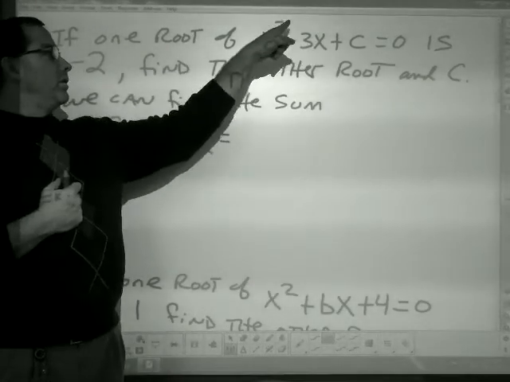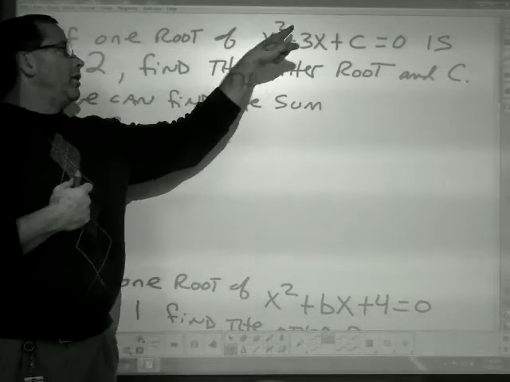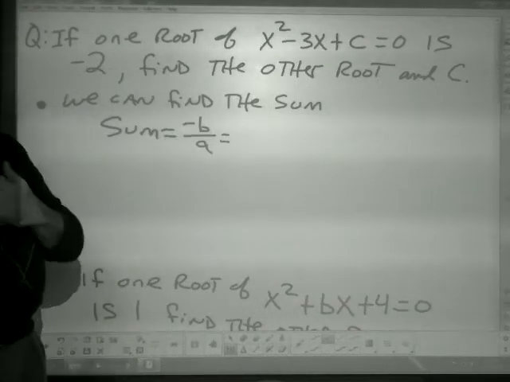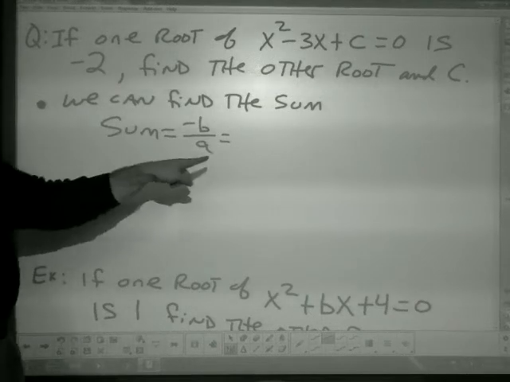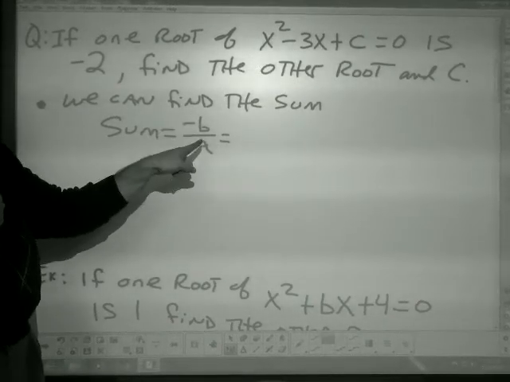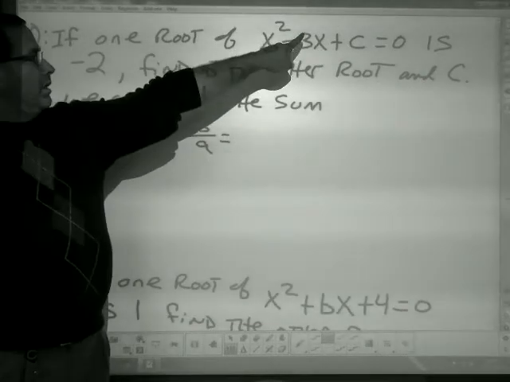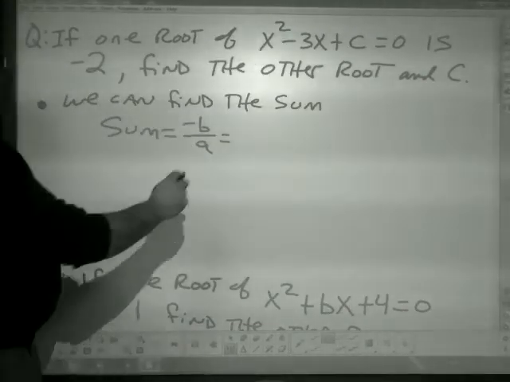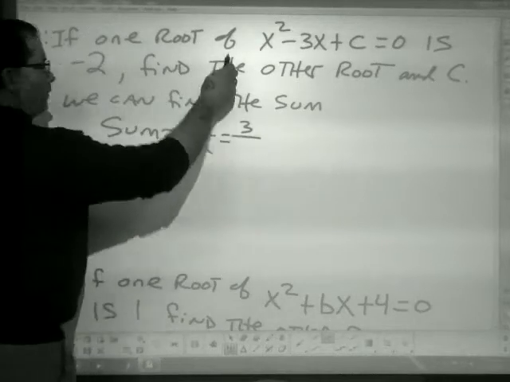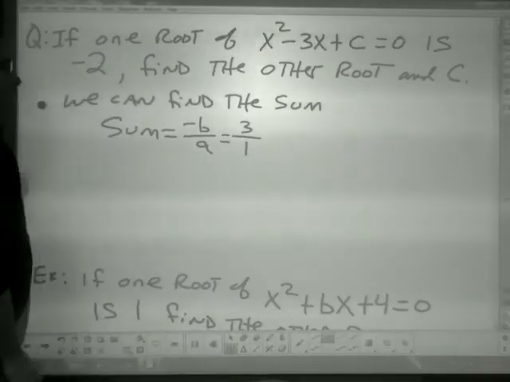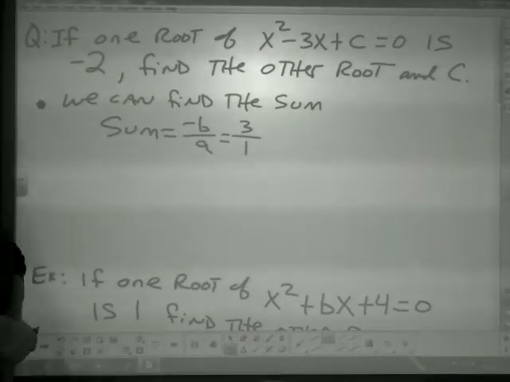They give me the b value. So I know from the b value we can find the sum of the roots. All right? So the sum of the roots is opposite b value over a. Well, the b value is -3, and opposite that would be 3 over, this is a 1. So I know the sum is 3.